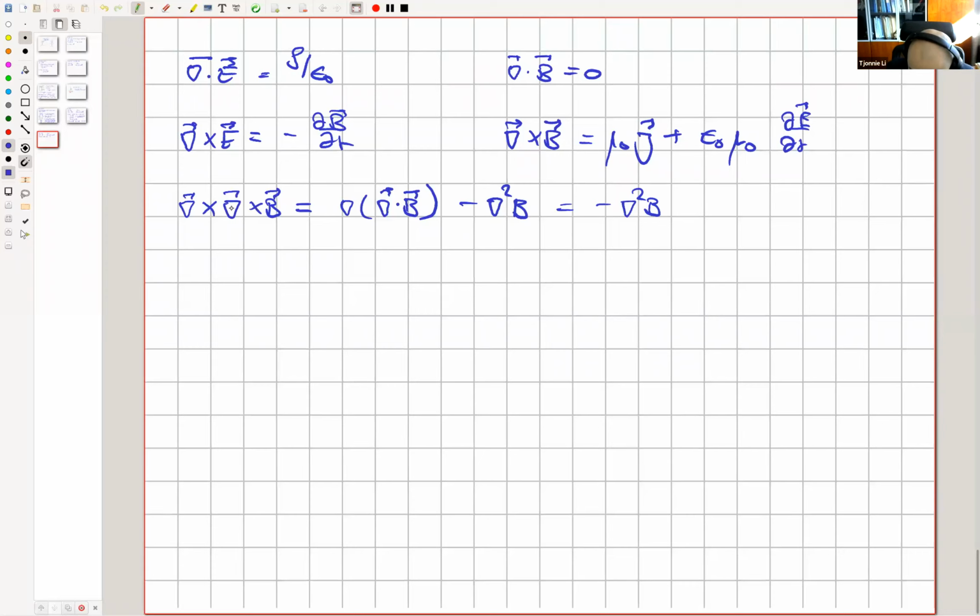But of course, the curl of B is given by this equation over here. So we can write down that this is the curl of mu naught J plus epsilon naught mu naught partial E.